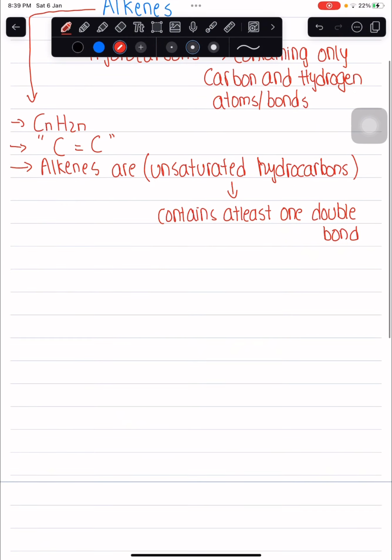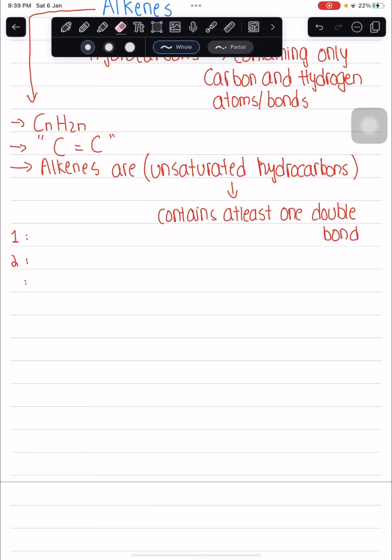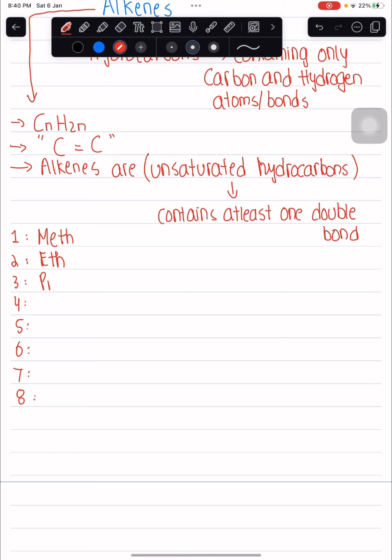Now we know that according to a homologous series we have 8 compounds: 1, 2, 3, 4, 5, 6, 7, 8. First is meth, then eth, then we have prop, then but, then pent, then hex, and afterwards hept, and the 8th is oct.